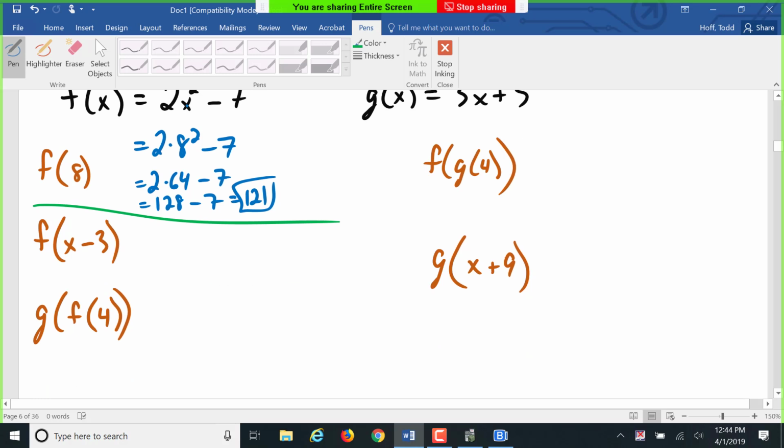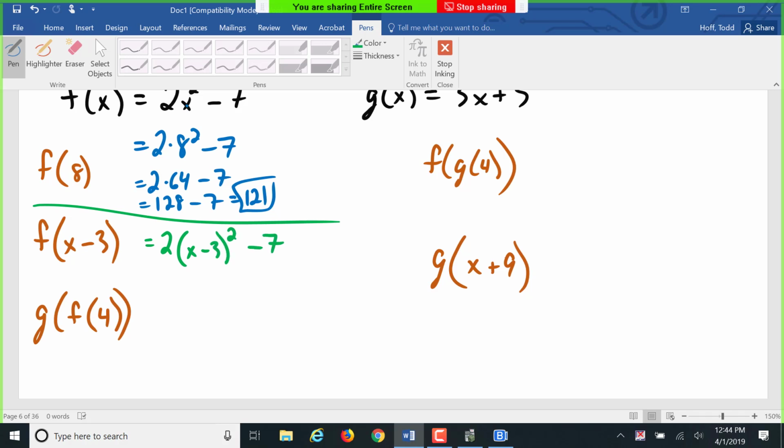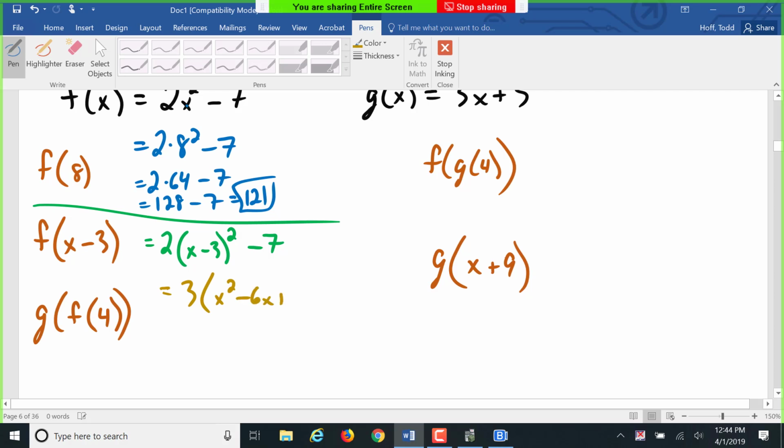F of x minus 3. 2 times, and in place of x, we put in x minus 3 squared minus 7. X minus 3 squared is x squared minus 6x plus 9. Oops, this is still a 2.